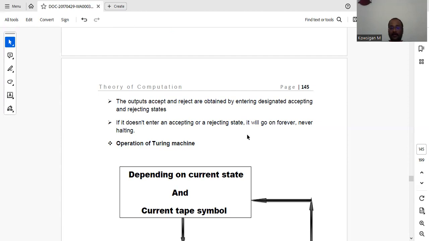And the Turing machine concludes with a final state, either an accept state or a reject state. If you give the right input, it will go to the accepted final state. If you give a wrong input, it will go to the rejected final state.